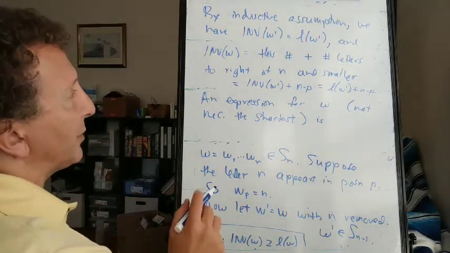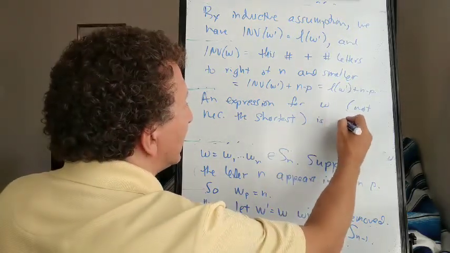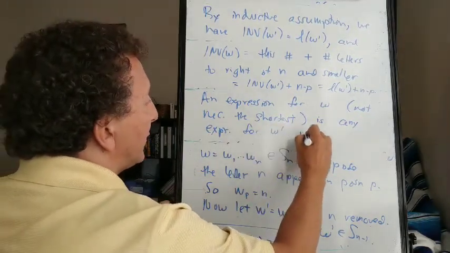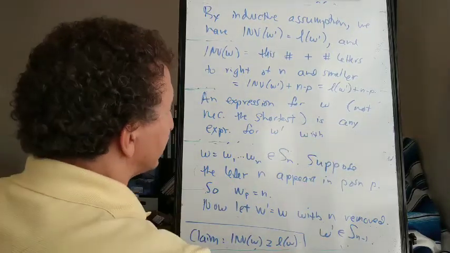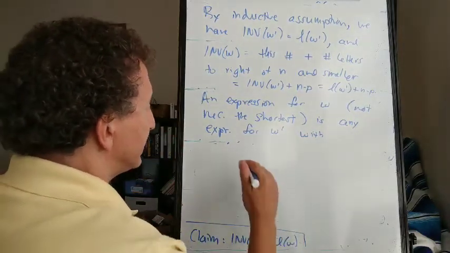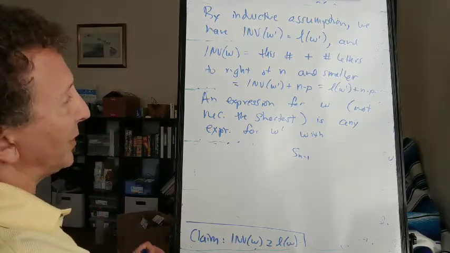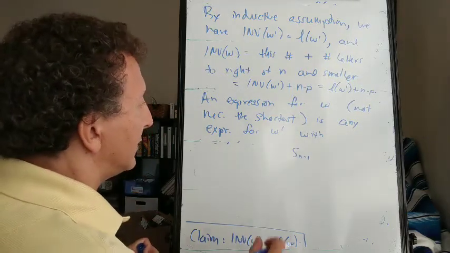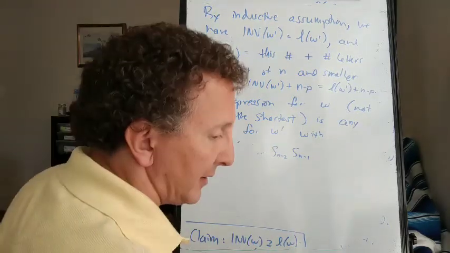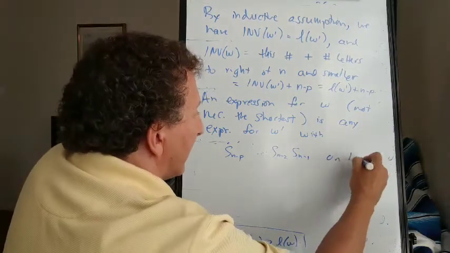It's whatever expression we could find for W prime, so any expression for W prime with, now I'm picturing the word W prime with an N on the end, so s n minus 1, s n minus 2, up to s n minus p on the left.